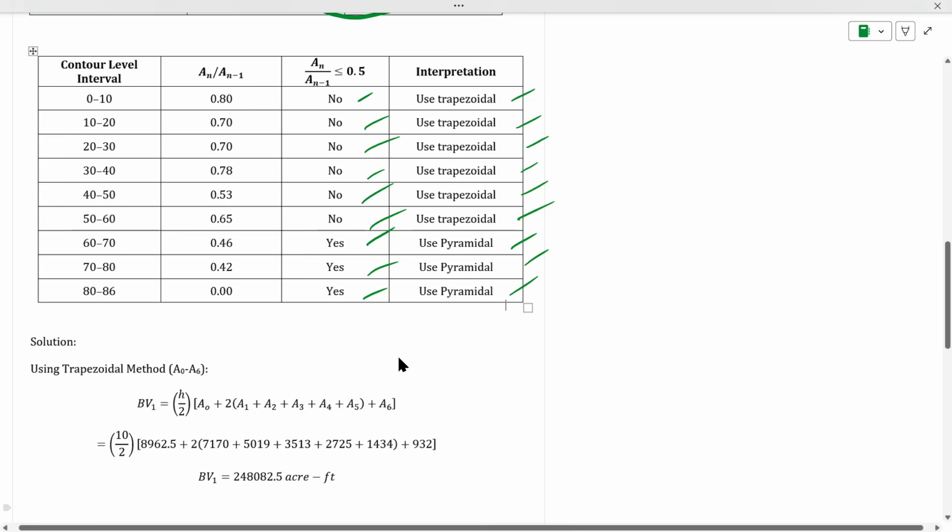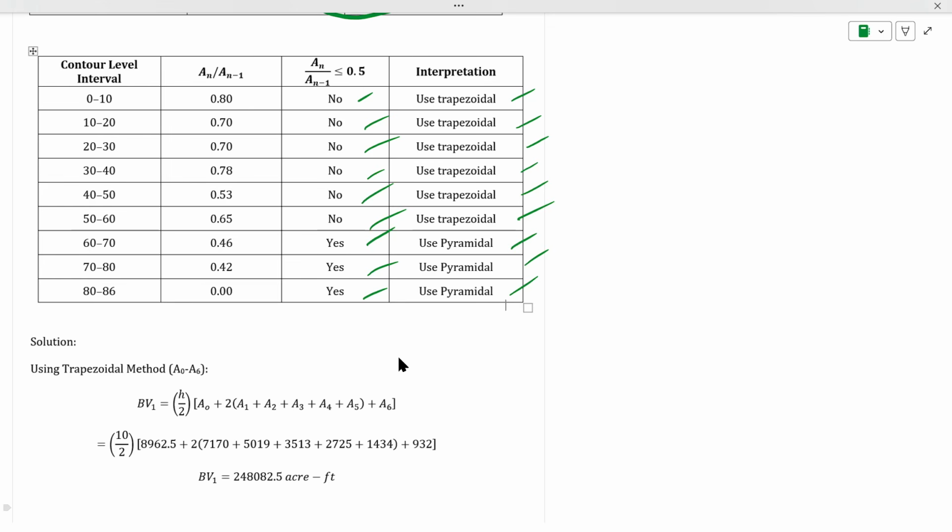For the first part, we will be using the trapezoidal method from A sub 0, the initial, lowest contour level, up to A sub 6, from contour level 0 up to 60. So this will be the following formula.